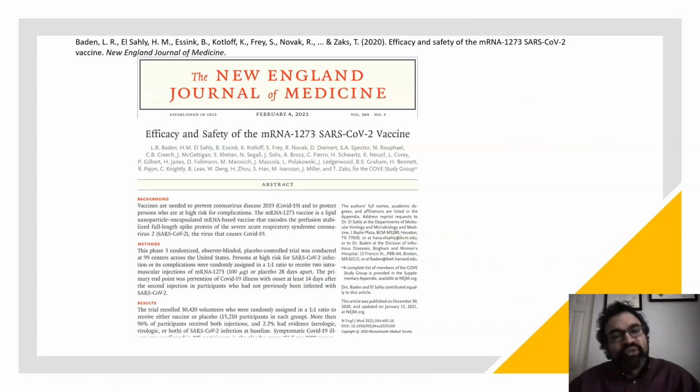Now, remember when the pandemic was taking place, we were still in 2021 trying to determine the efficacy of various vaccines. And so one of the vaccines that was tested was the Moderna vaccine.